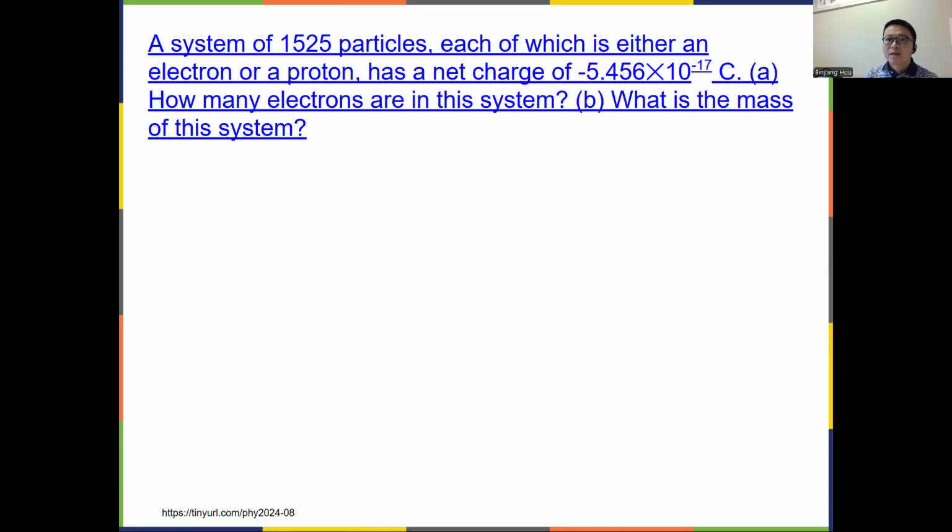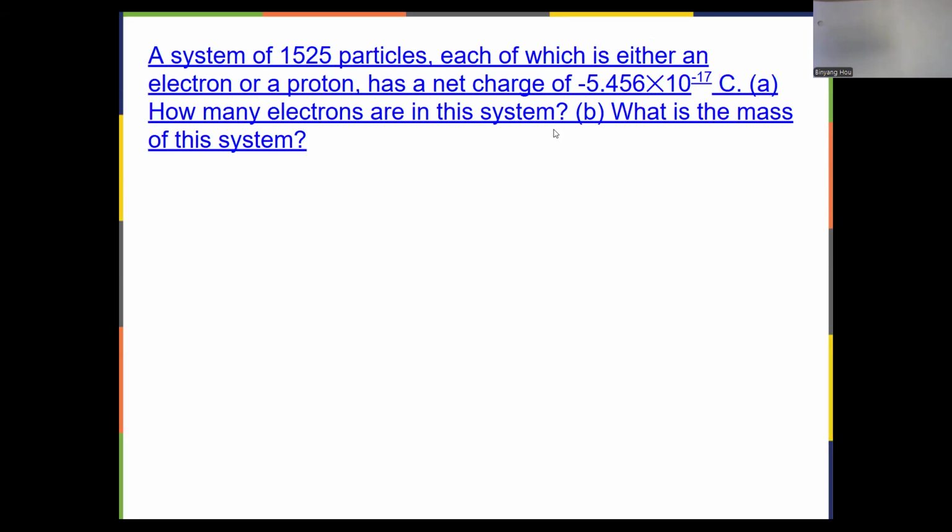All right, we are looking for how many electrons. We are given two numbers here, the total number of particles and the total charge, and we know each of their charges, right? So we can set up two equations, then solve for the two unknowns, the number of protons and electrons. Let me write out the known numbers we have.